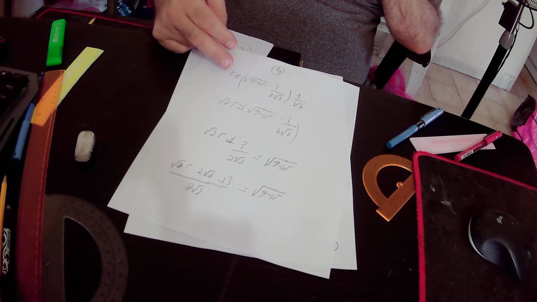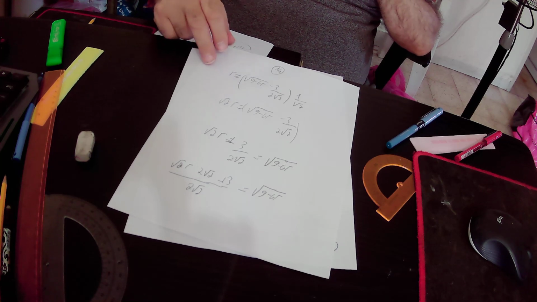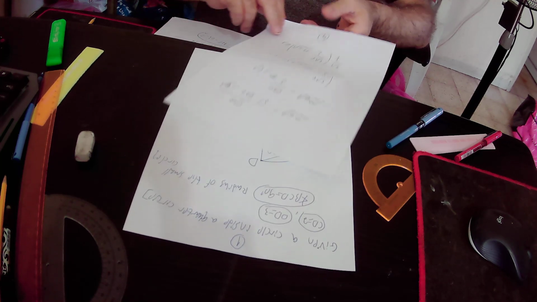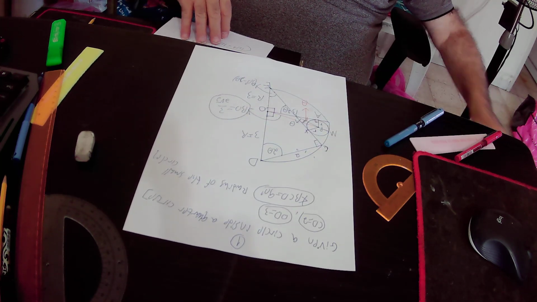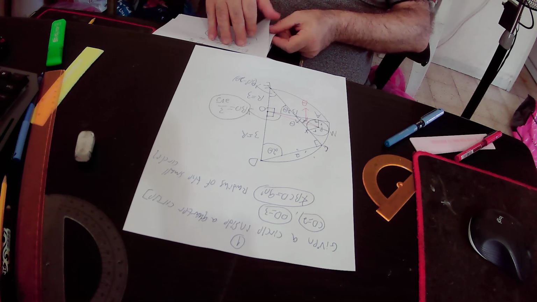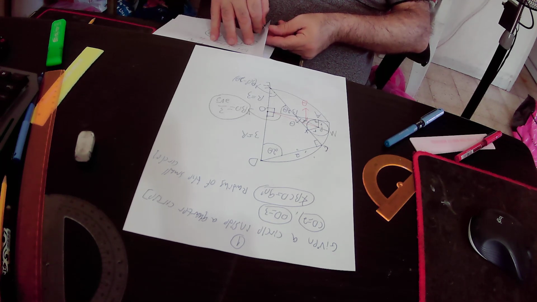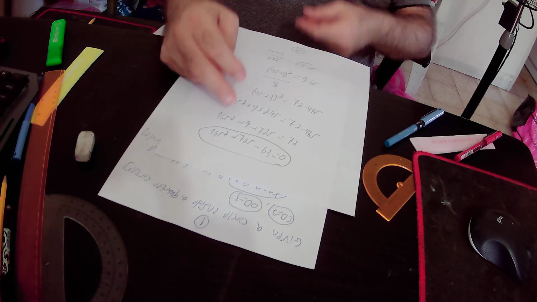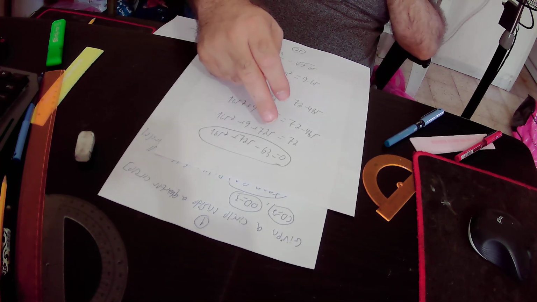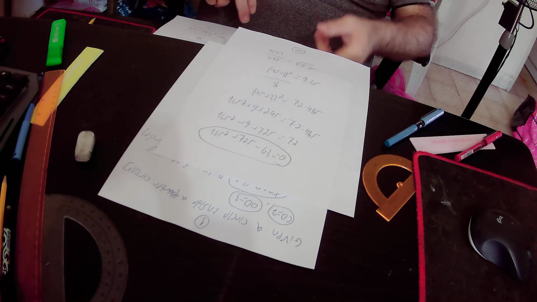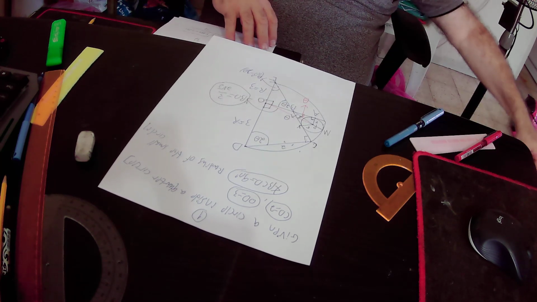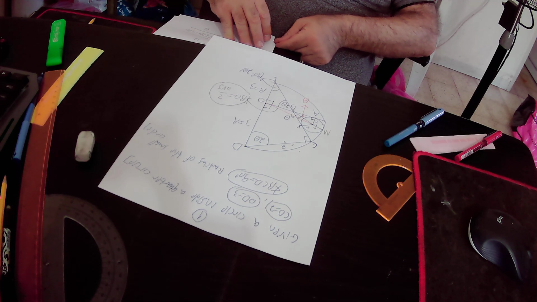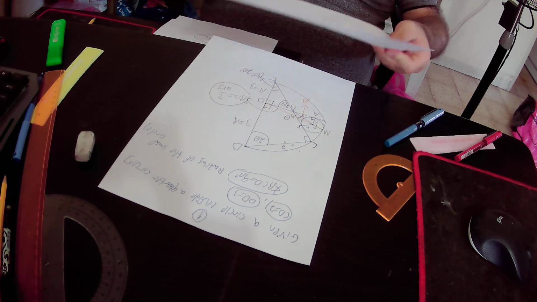So we solved this equality, and we got a quadratic equation: 6 times r squared plus 72r minus 63 equals 0. We solved this quadratic equation. We got two solutions.